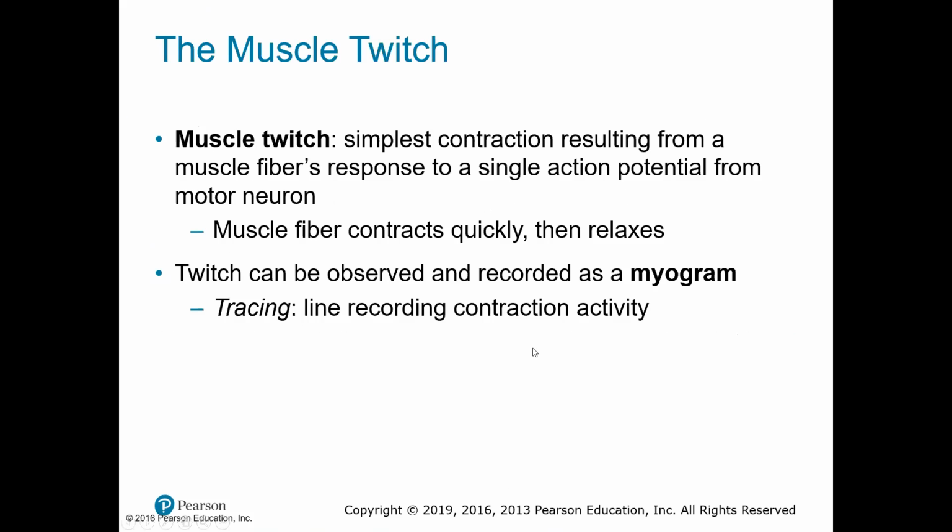So that's muscle tone. Muscle twitch is something that doesn't really occur. It's a theoretical concept. This is a muscle cell contracting based on one action potential from one motor nerve. It's extremely rare for a muscle cell to be stimulated, contract once, and be done.